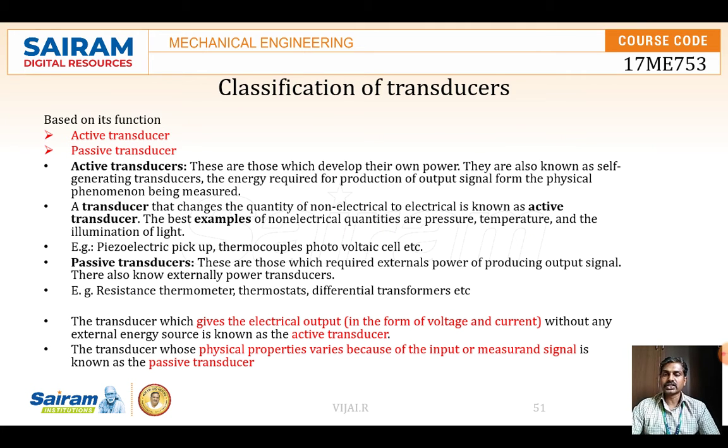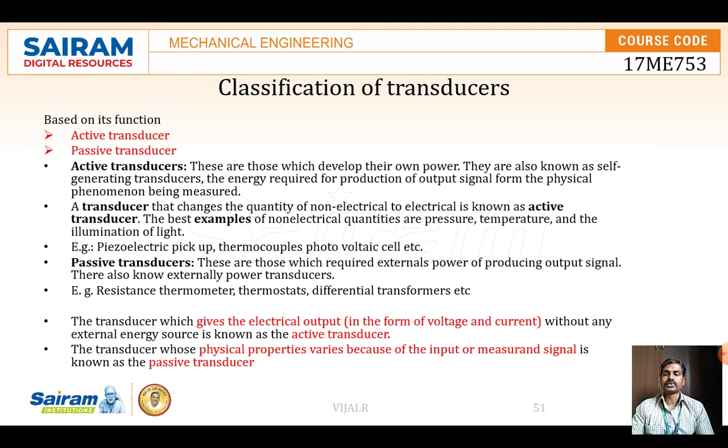There are some important classifications we are going to see here. Based on function, we call them active transducers and passive transducers. Active transducers are those which develop their own power. There is no need of extra or external power for the conversion of one form to another form.